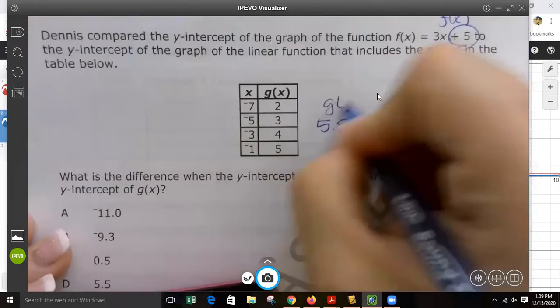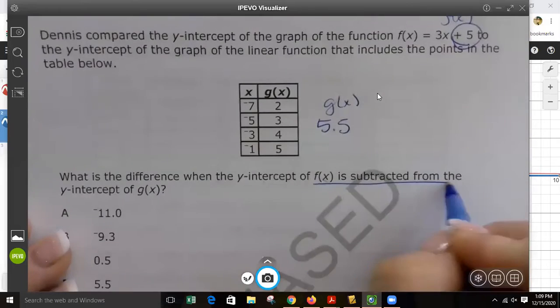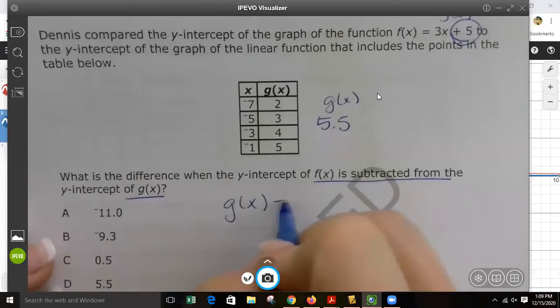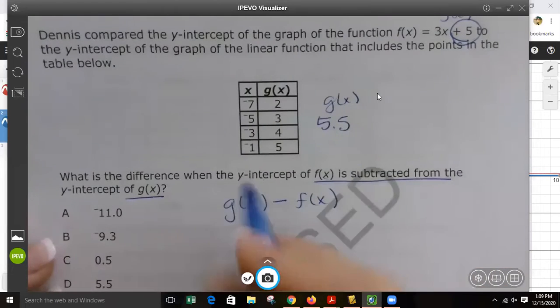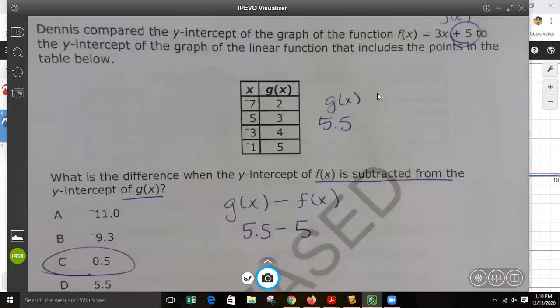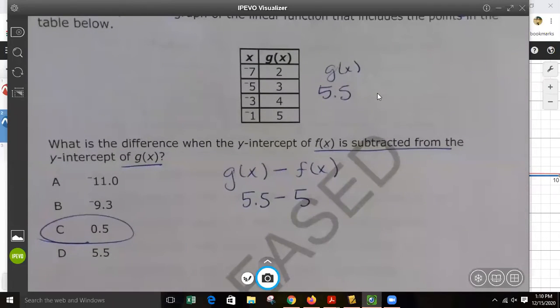And this is for g of x. It says, what's the difference when the y-intercept of f of x is subtracted from g of x? So we get 5.5 minus 5, which you can do in your head, should be 0.5. If not, put it in your calculator. Just watch what they ask for.